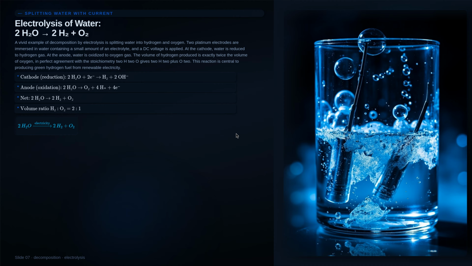Notice the energy term written above the arrow, indicating that electricity drives the reaction. Twice as much hydrogen gas is produced as oxygen, exactly matching the 2-to-1 ratio in the water molecule. Decomposition reactions power many industrial processes, from extracting aluminum from its ore to producing quicklime for cement, and they are at the heart of recycling chemical feedstocks back into their pure elements.